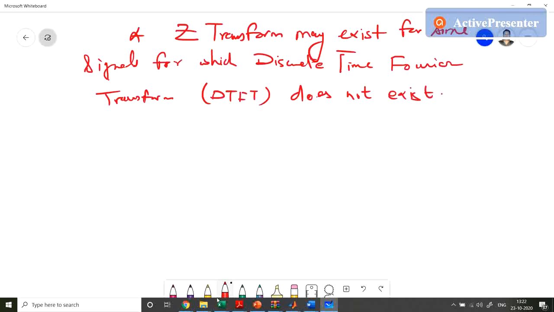Please understand that the Z transform may exist for some signals for which the discrete time Fourier transform does not exist.